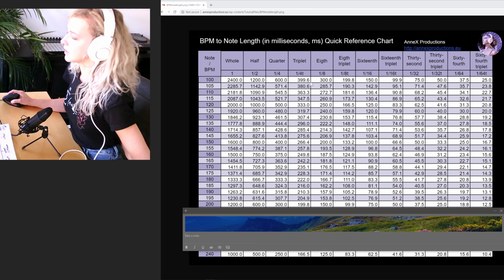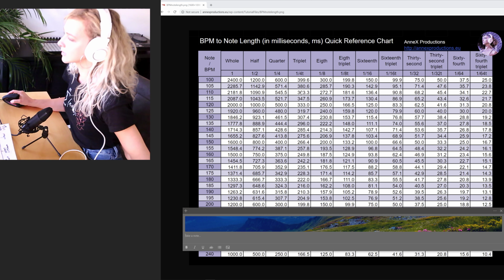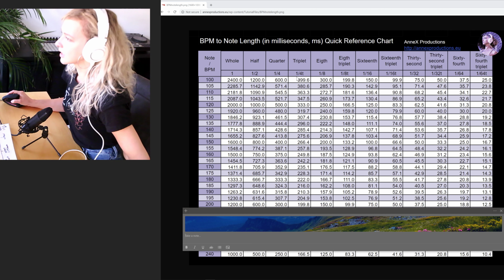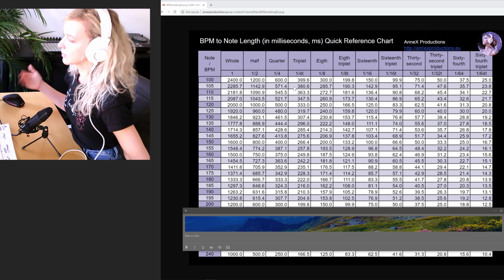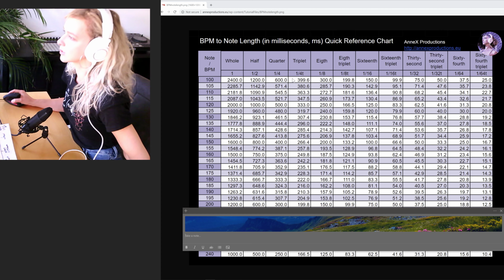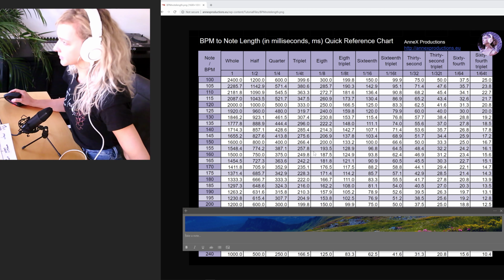So anything that has a T here is on a triplet scale or triplet intervals instead of quarter intervals. So it's like 3/4 instead of 4/4, but we still measure it on 4/4 time by using this T here. So that's why it's not saying 1/3, it's saying 1/4T, which is 1/4 triplet.